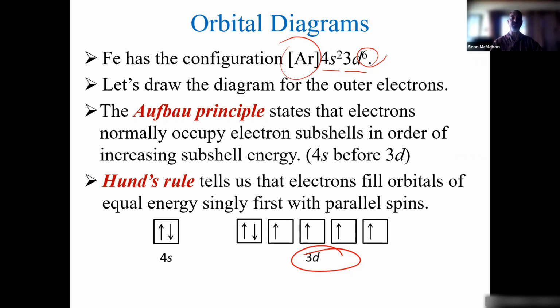Then the 6th electron is going to go in a half-filled orbital with an anti-parallel spin. So there are still 4 more of these 3d orbitals that are only half filled. So what does that mean? If they're half filled, iron has 4 unpaired electrons.